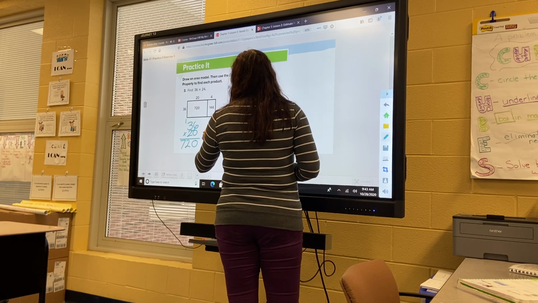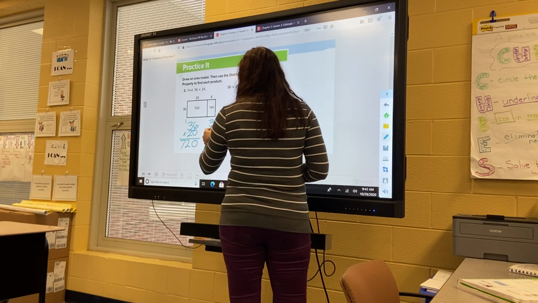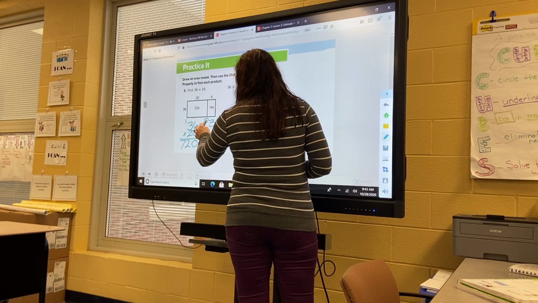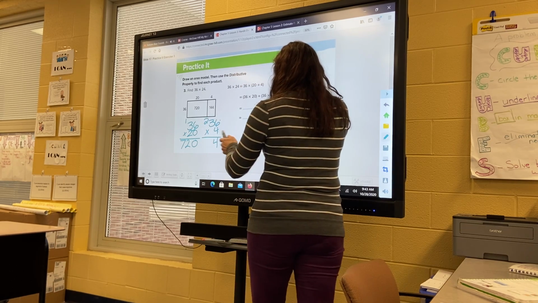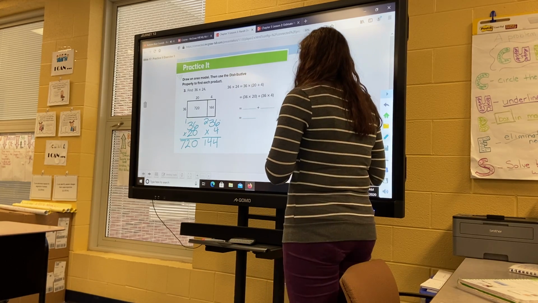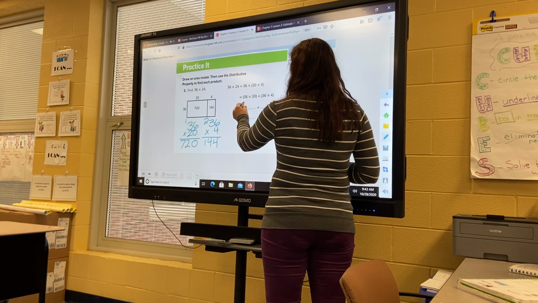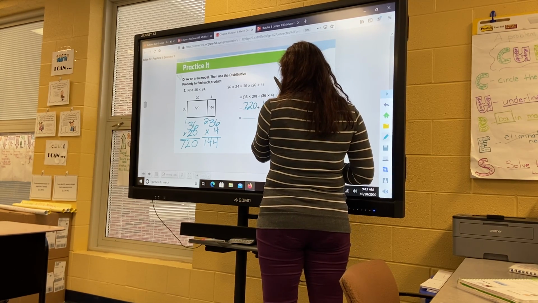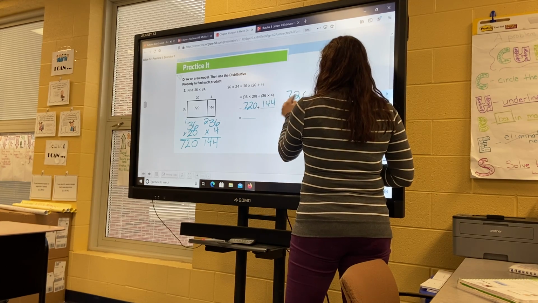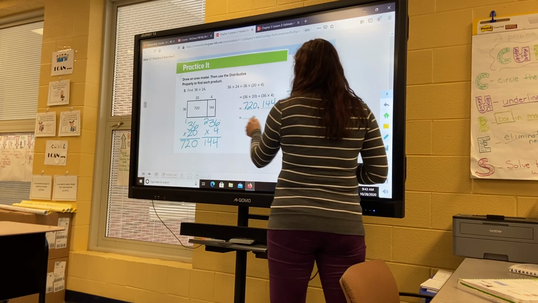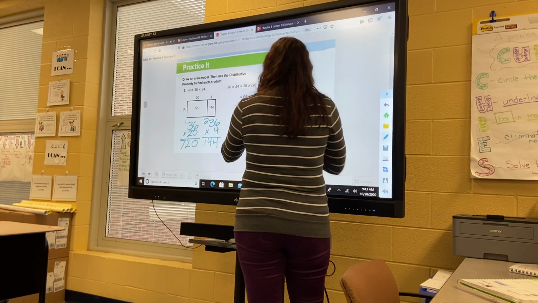And then 36 times 4 is what we learned in the last chapter. 4 times 6 is 24. 4 times 3 is 12 plus 2 is 14, so 144. So 36 times 20 is 720. 36 times 4 is 144. And you add that together, and it's okay to add it together on your paper, and you get 864.